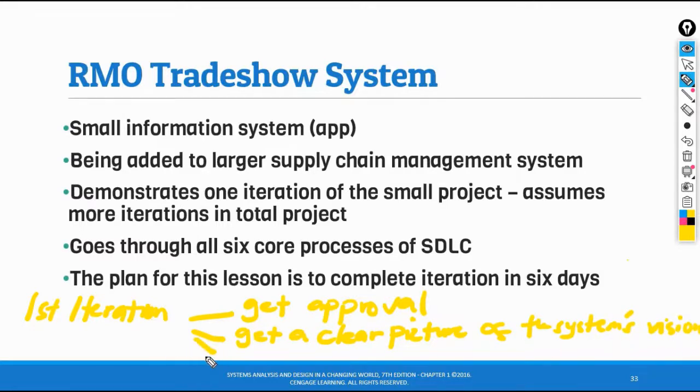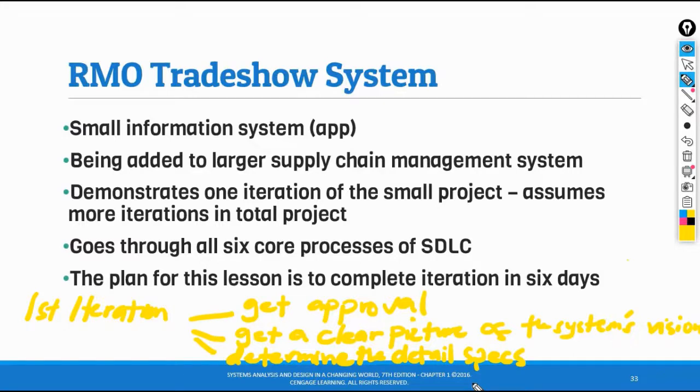And the third objective is to determine the detailed specifications.